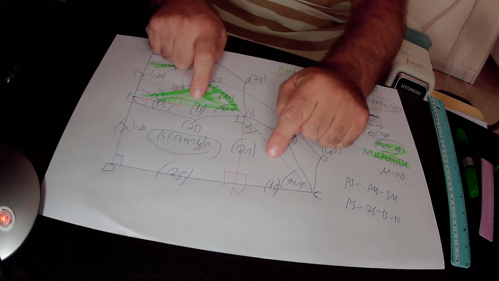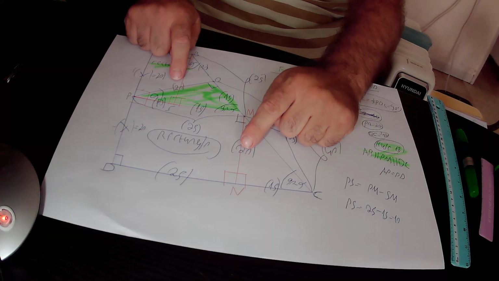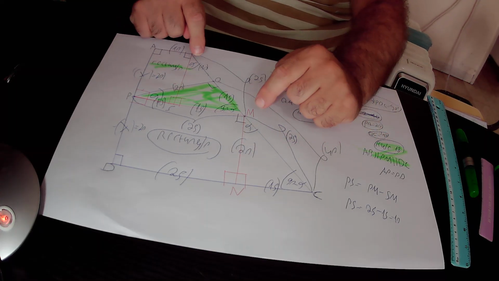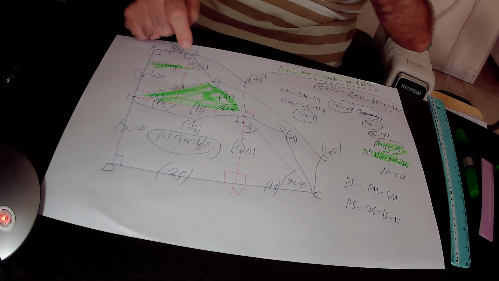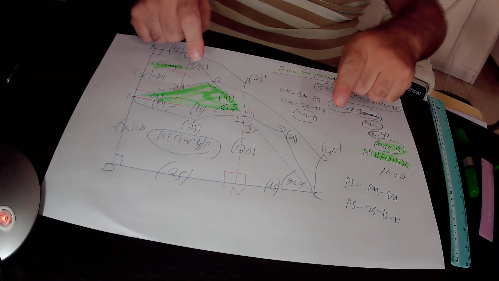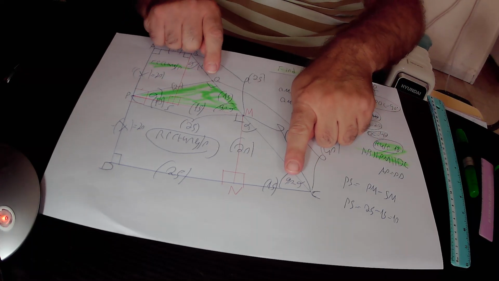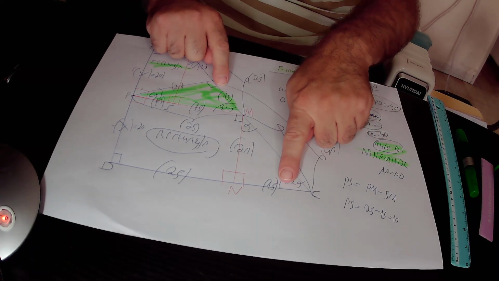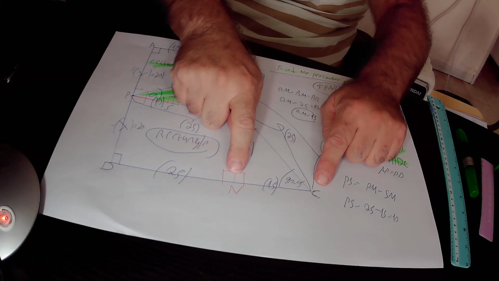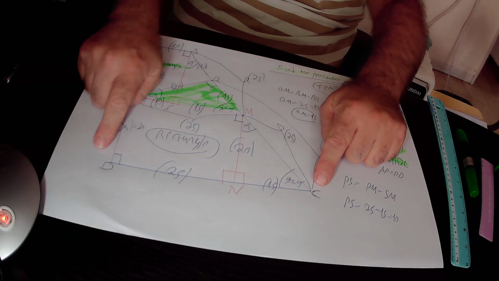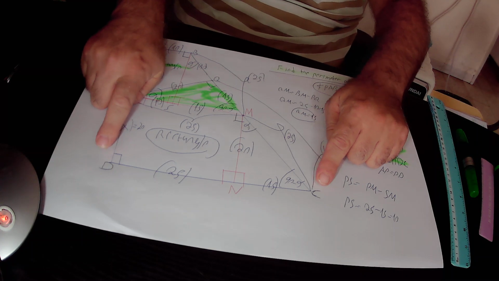Those two triangles can go into each other, and therefore those two sides must also be equal in their lengths. But PQ is 20, therefore MN must also be equal to 20 units in its length. Likewise, according to the same rule, those two sides must also be equal to each other in their lengths. But QM is 15, and therefore MN must also be equal to 15 units in its length. So in total, DC equals 25 plus 15, that is 40.